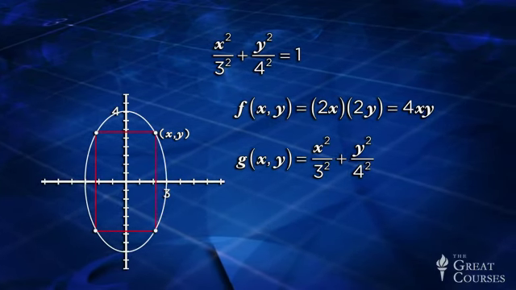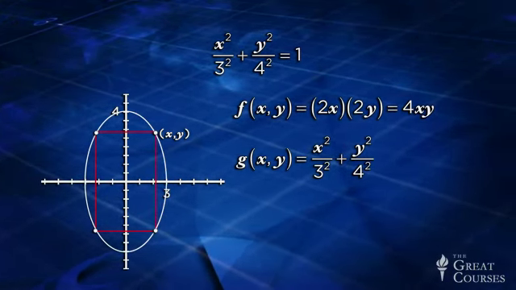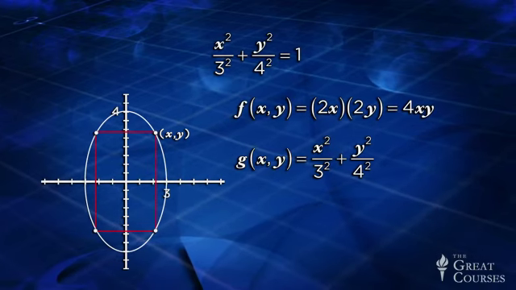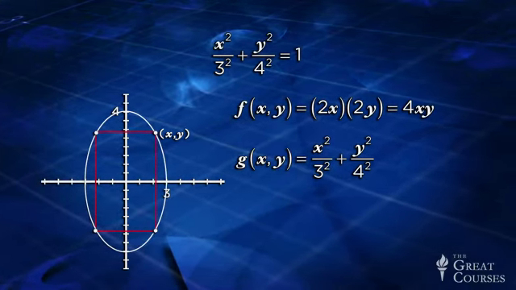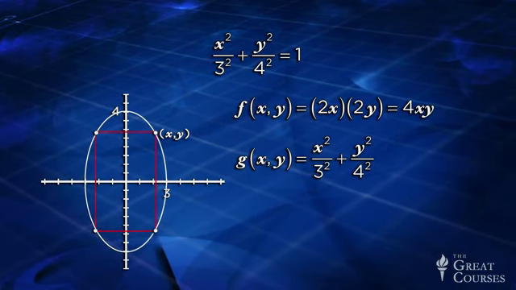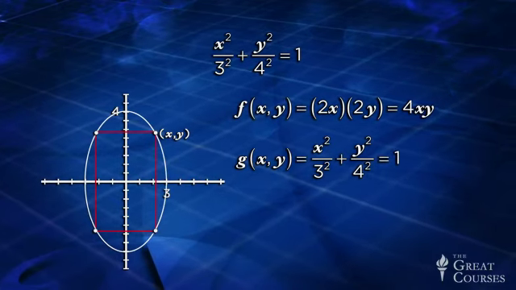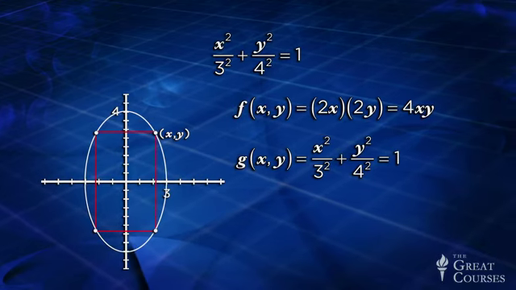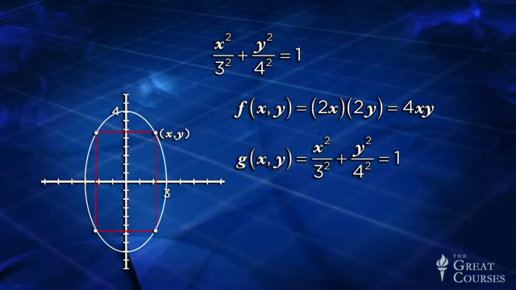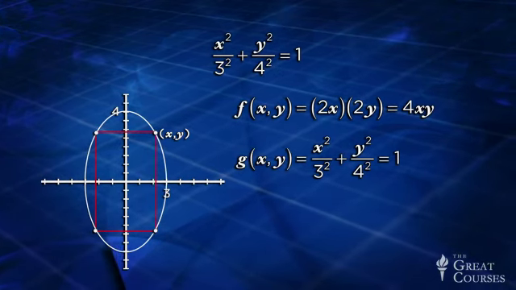Now, the constraint is that (x, y) lies on a level curve of that function g. In other words, a level curve means set g equal to a constant. So if you set g equal to 1, we've got our ellipse, don't we? And the constraint is that the answer, (x, y), has to lie on that level curve of g. In fact, all the level curves of g are ellipses, aren't they?